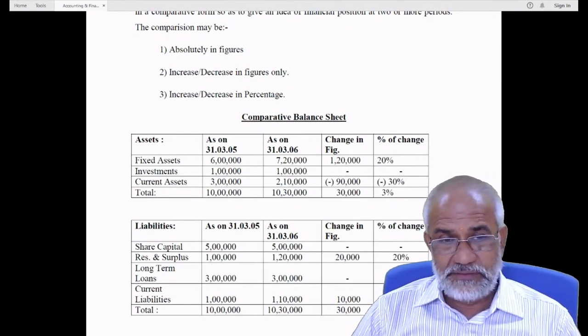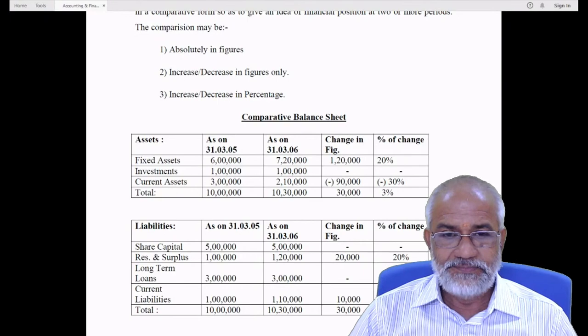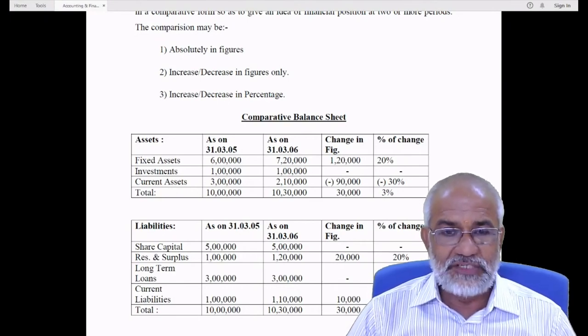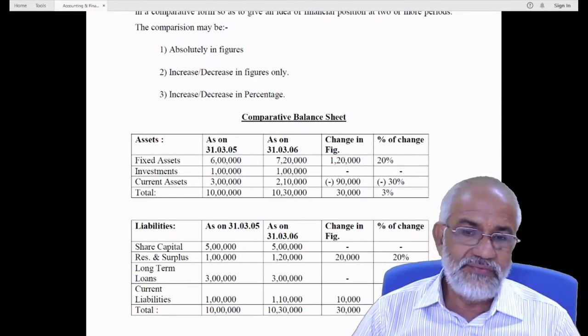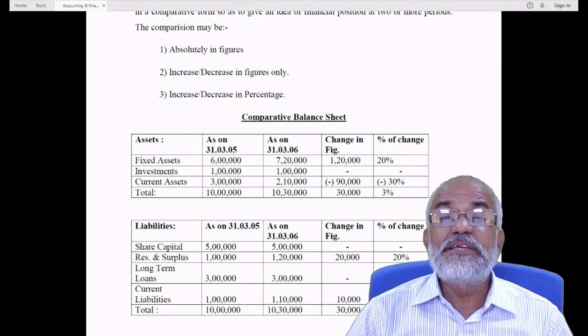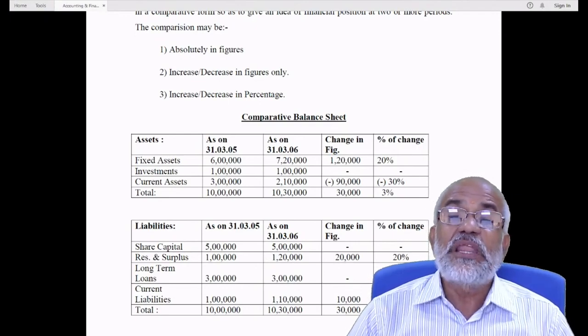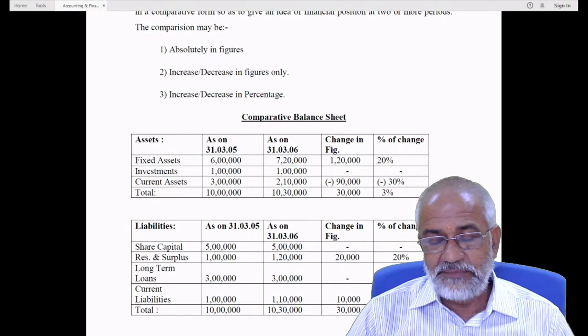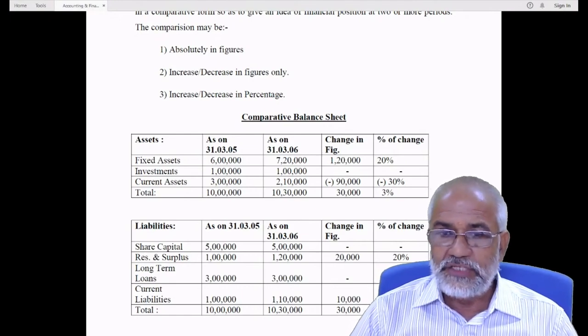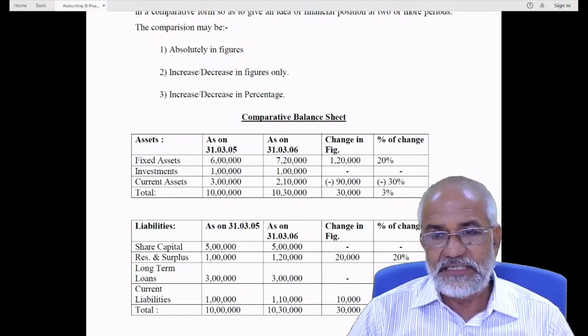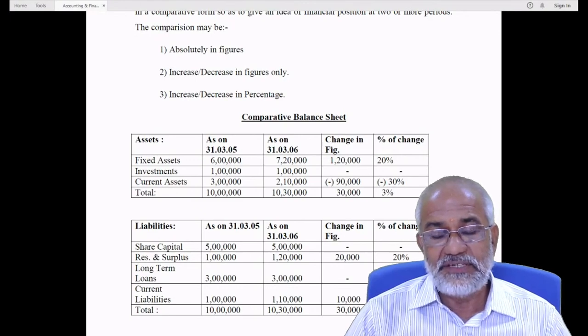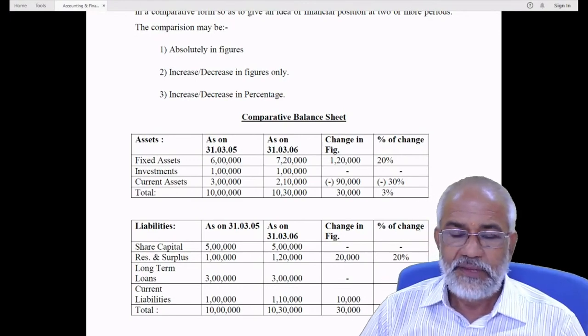Similarly, when we consider the investments, the investment was 1 lakh as on 31st March 2005, and it remains the same at 1 lakh at the end of the second year also. So the change in figures is nil, and the percentage change is also nil.